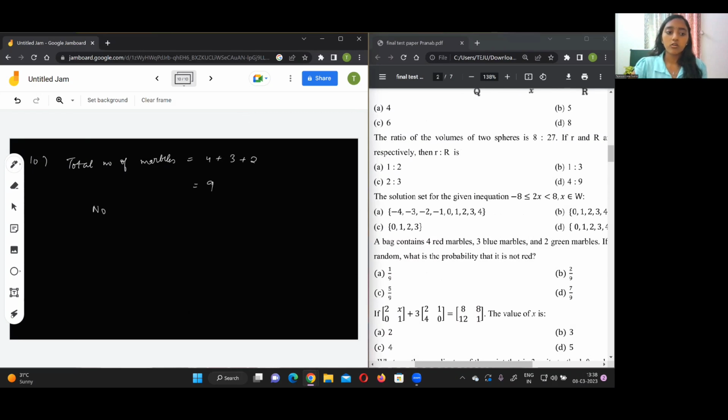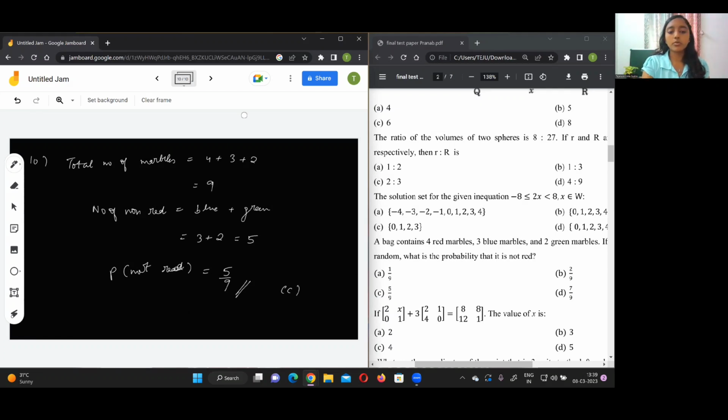Number of non-red, that is blue plus green, is 3 plus 2, which is 5. So probability that it is not red is equal to 5/9, which is the answer, which is option C again.